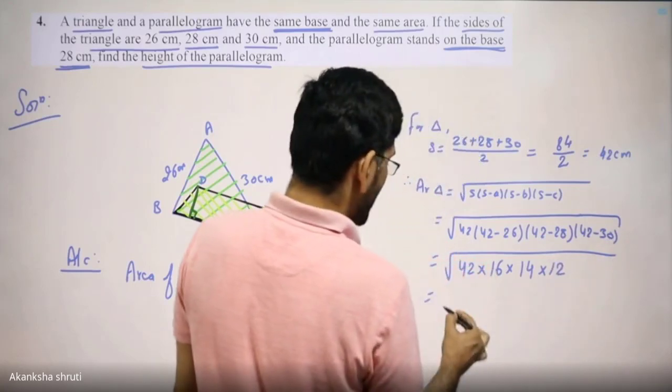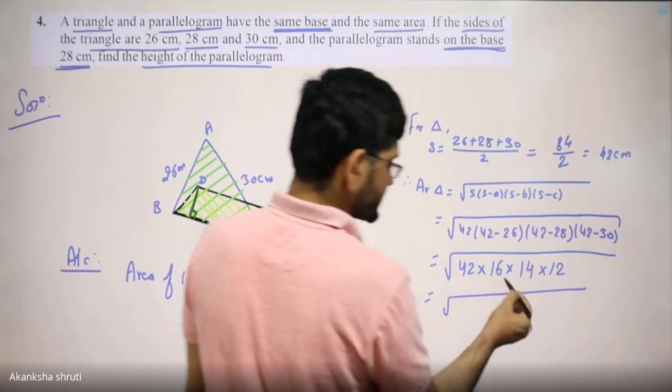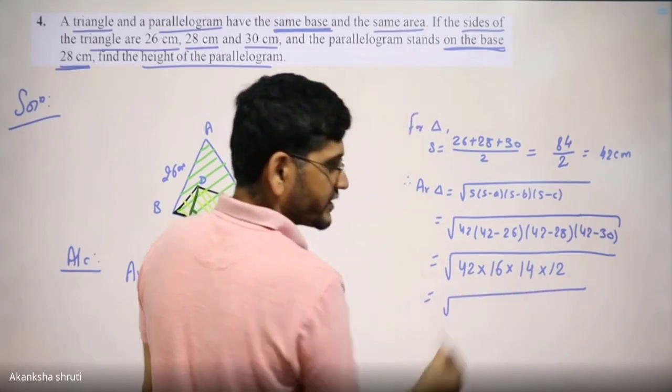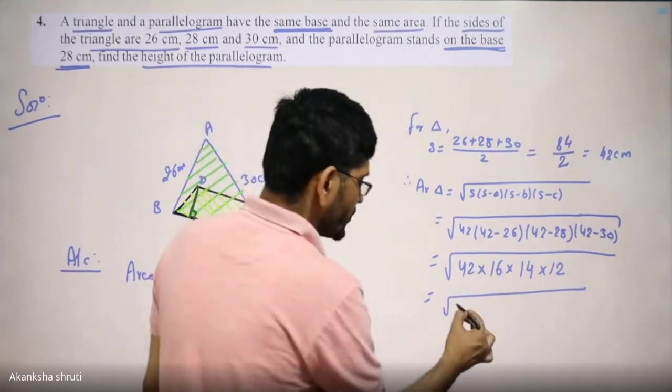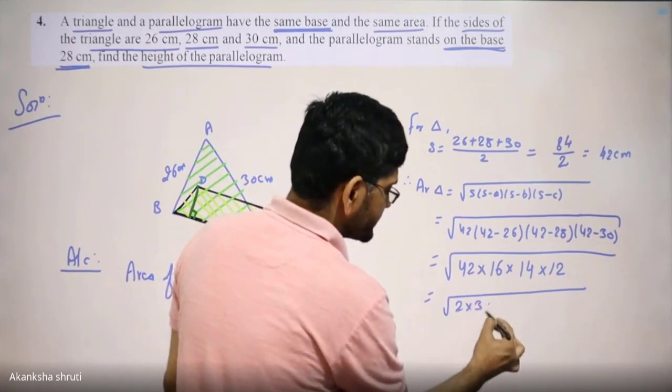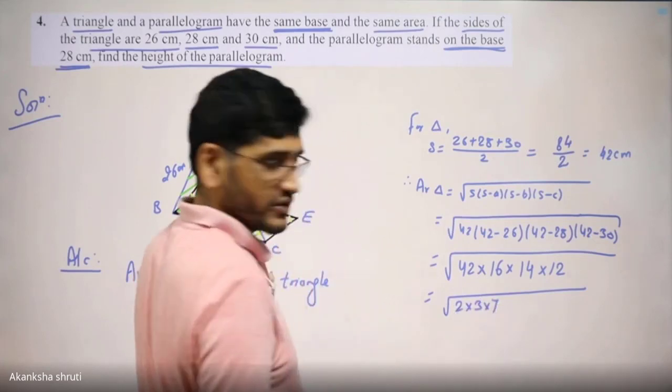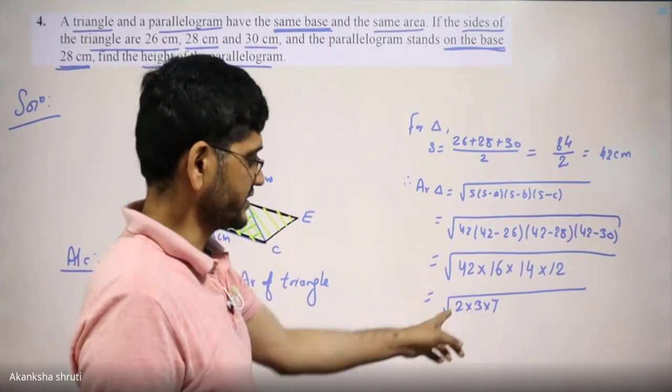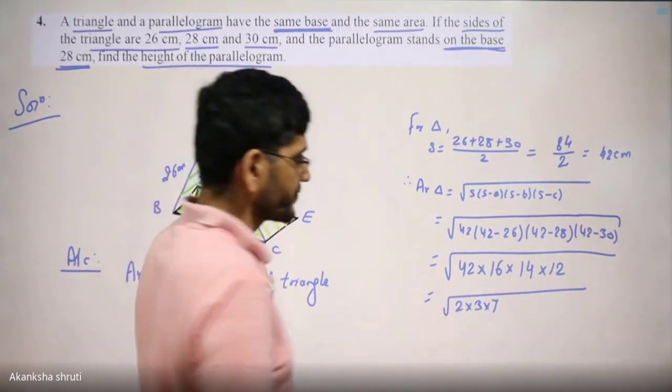Now we have to factorize this rather than multiplying this. 42 is 2 into 3 into 7, since 7 sixes are 42 and 6 is written as 2 into 3.